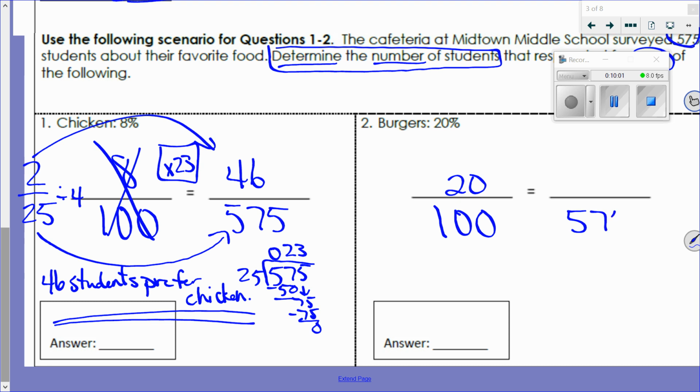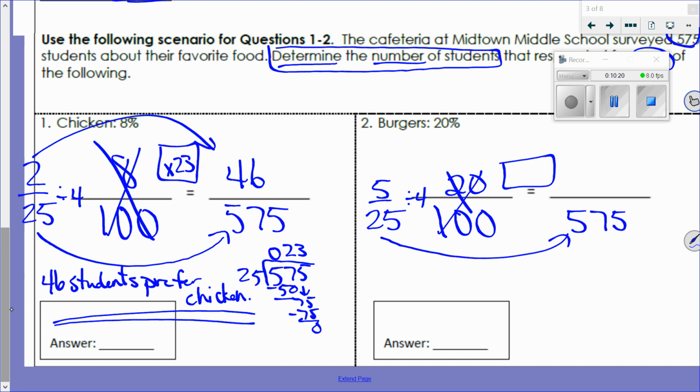Is it easy to go from 100 to 575? Nope. So what can I step this back to get to 575? Same thing, right? It's still divided to 25. So divide this by 4. It's going to get me 5 and 25. So this is now not where we're going. Does it change going 25 to 575 from what we did last time?